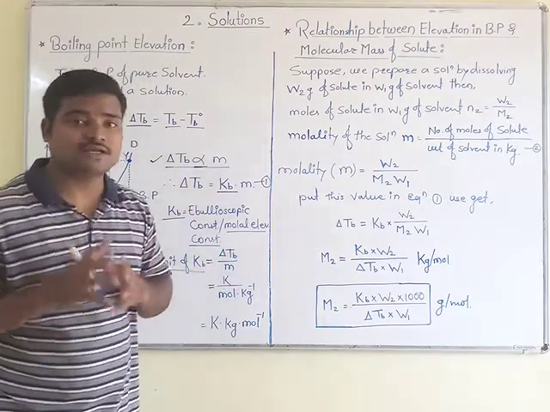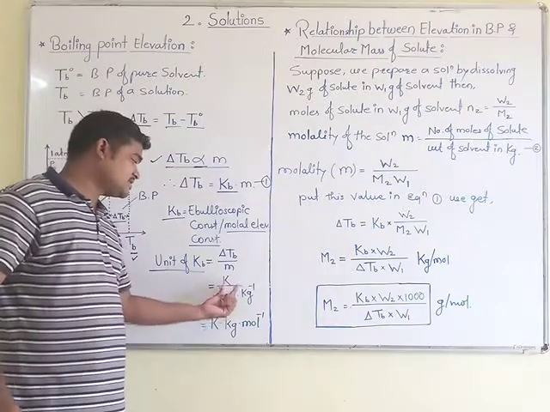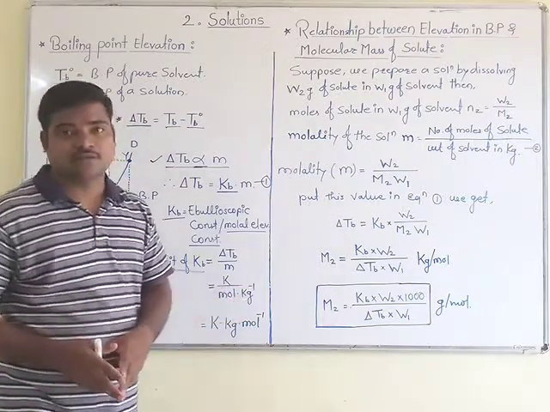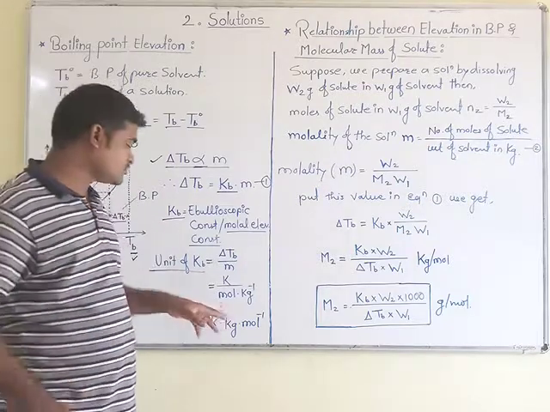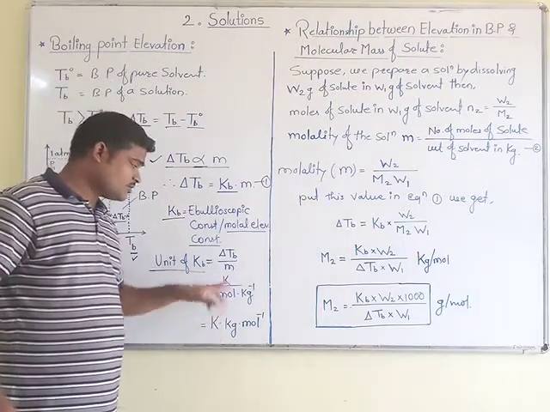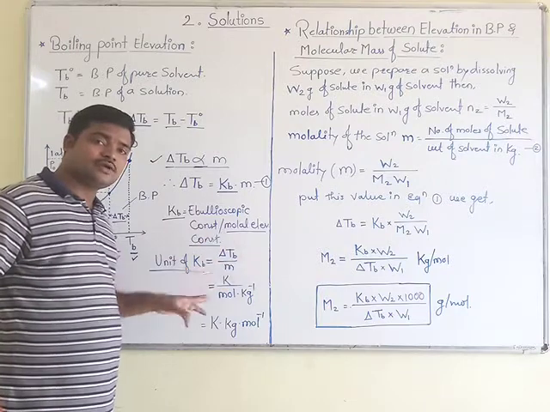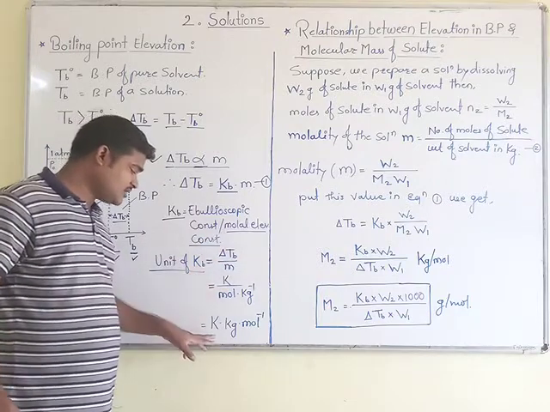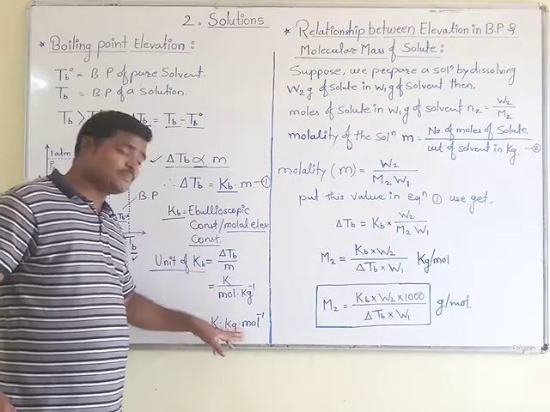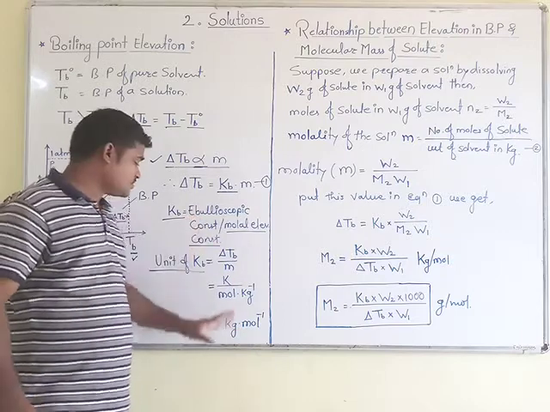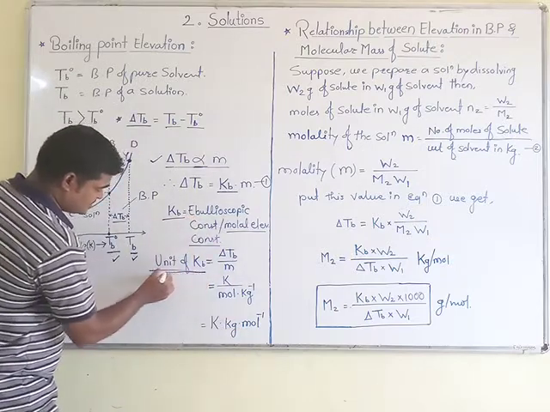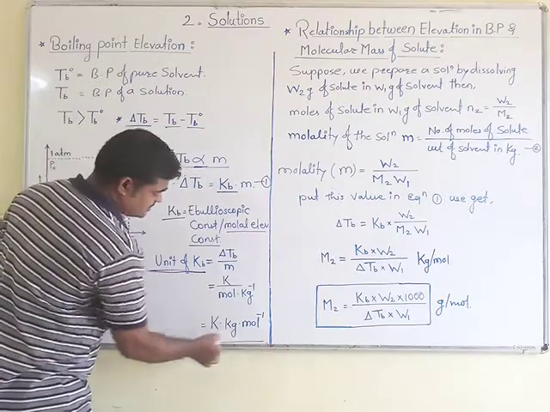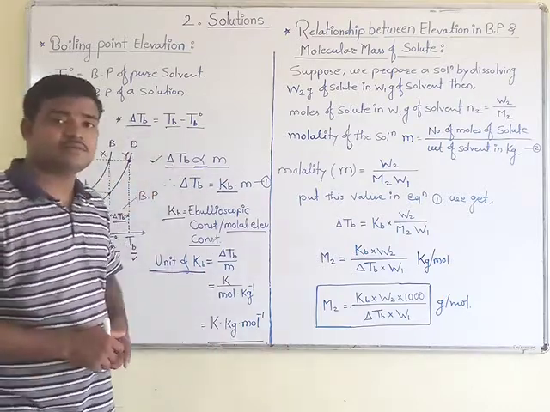Tb we measure in Kelvin, K, divided by mole per kg, because molality's unit is mole per kg. So the overall unit of Kb becomes Kelvin kg per mole. This is the unit of Kb.